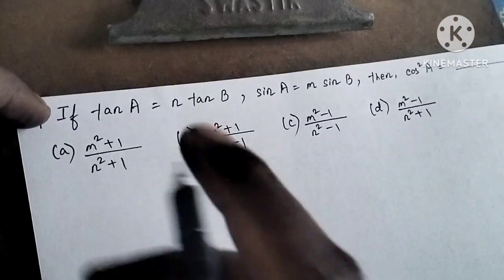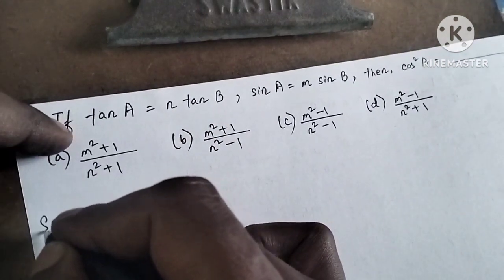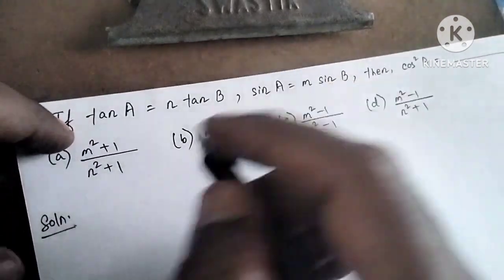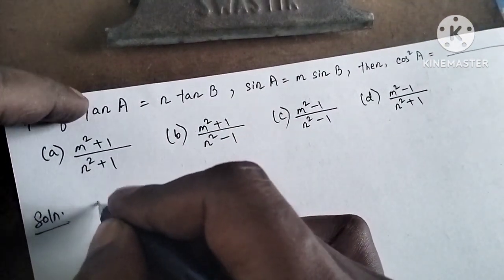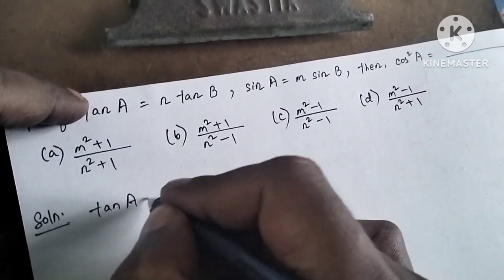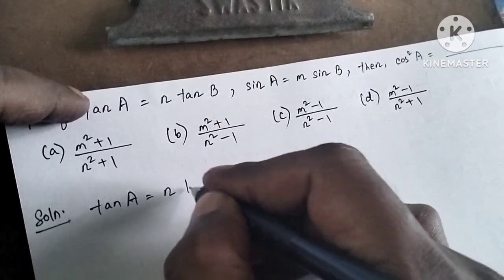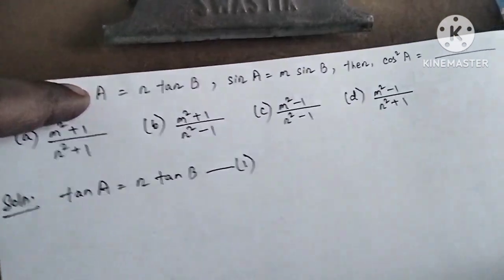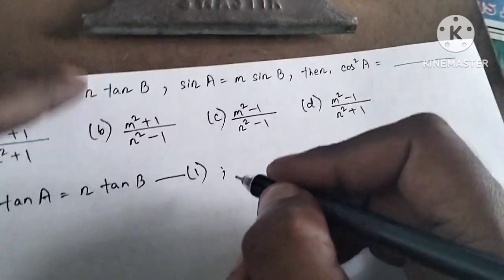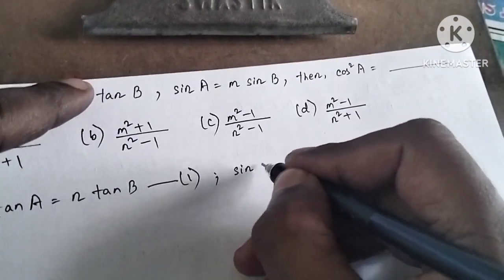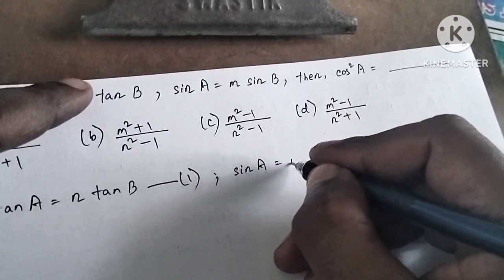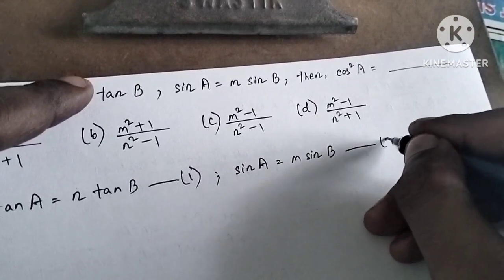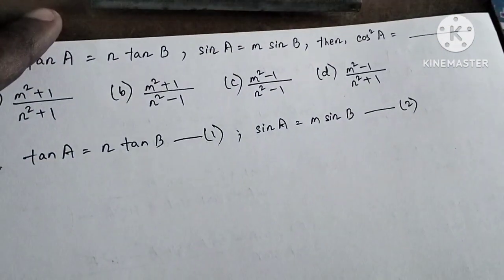So I'm starting the solution. You just see carefully. Two equations have been given to us. One is tan A is equal to n tan B, right? This we will name as equation 1, and another one is given, sin A is equal to m sin B. Equation 2, we will name it as equation 2.